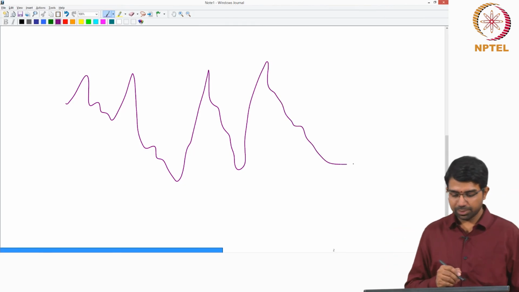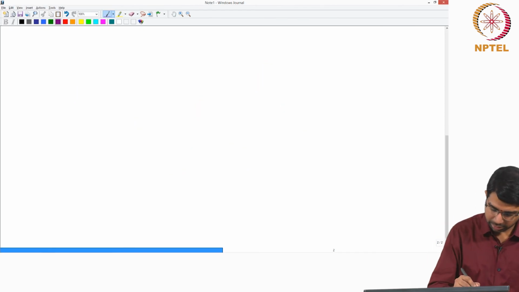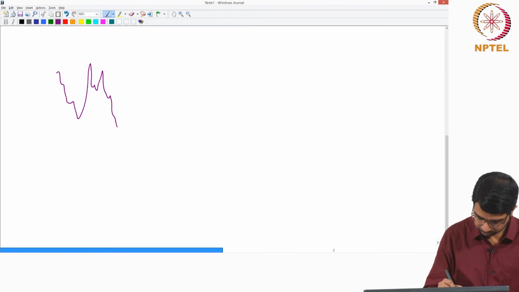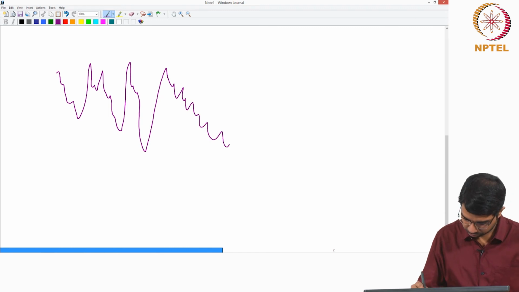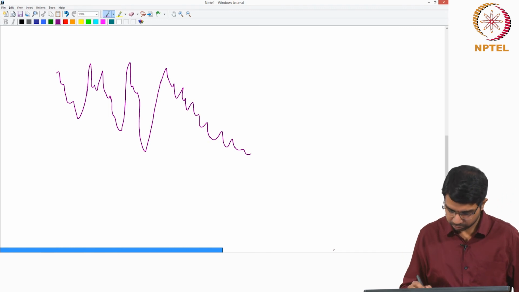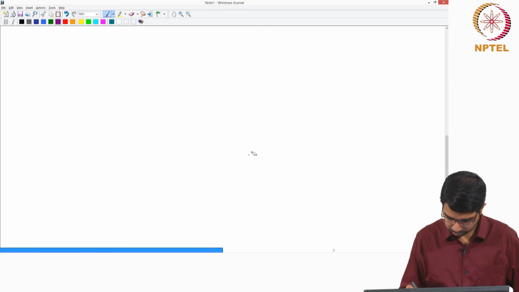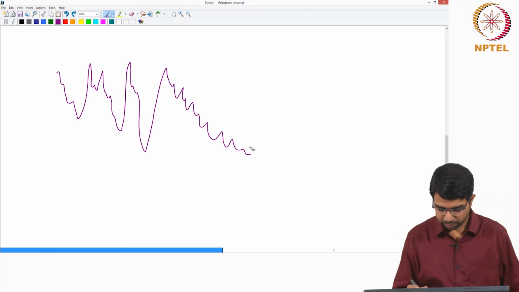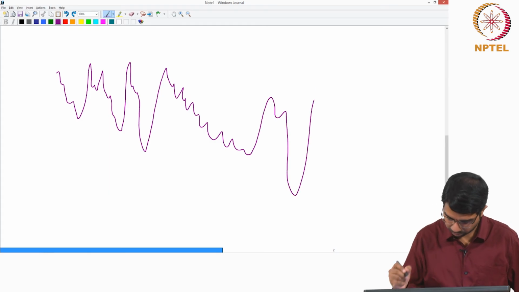So let us look at a slightly more illustrative function.